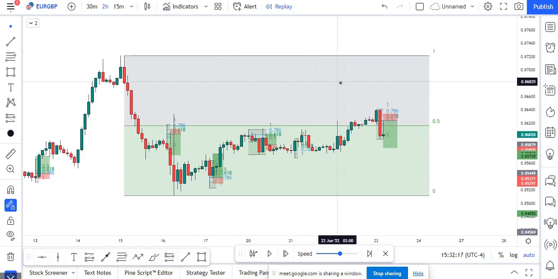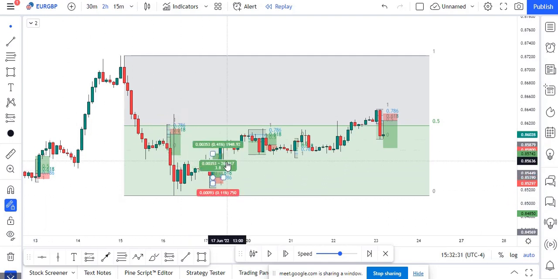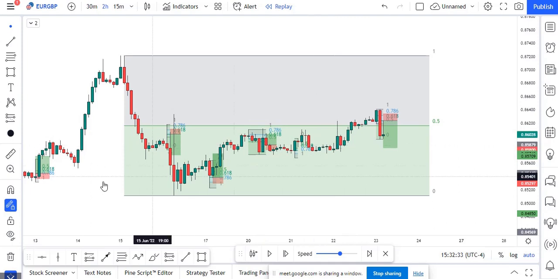Obviously if price is in the premium level, we want to sell the price. So we have two confluences at the moment on our higher time frame. That is, we have a macro break of structure. We do have some micro break of structure right here, but we have a macro break of structure. The second thing, the price is currently in the premium, has tapped the premium, and we could look for possible short setups.